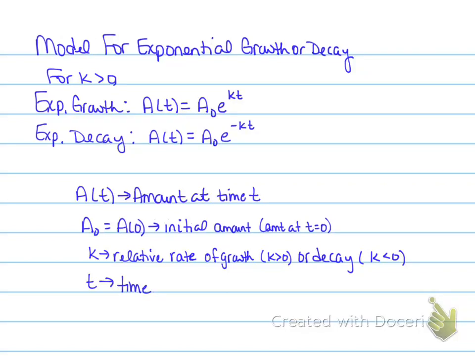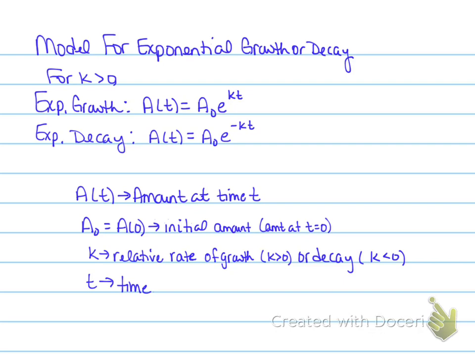Alright, so for video 4, for lesson 3.3, we're going to start with the model for exponential growth or decay. It states that for k greater than 0, you have an exponential growth formula: A of t is equal to A sub 0 times e raised to the kt. And for exponential decay, we have A of t is equal to A sub 0 times e raised to the negative kt.